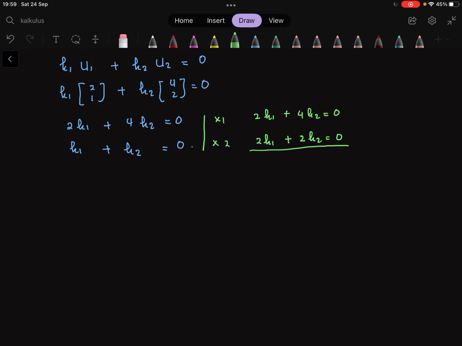Subtracting, we find 2k2 equal to 0, which means k2 equal to 0. So we also have k1 equal to 0. So we can conclude that the vectors u1 and u2 are linearly independent.